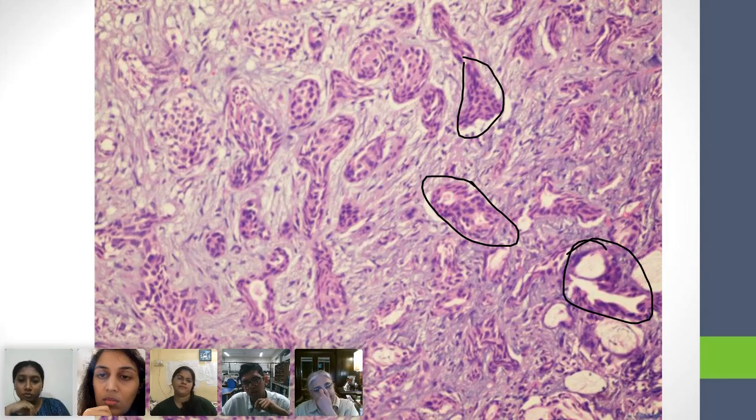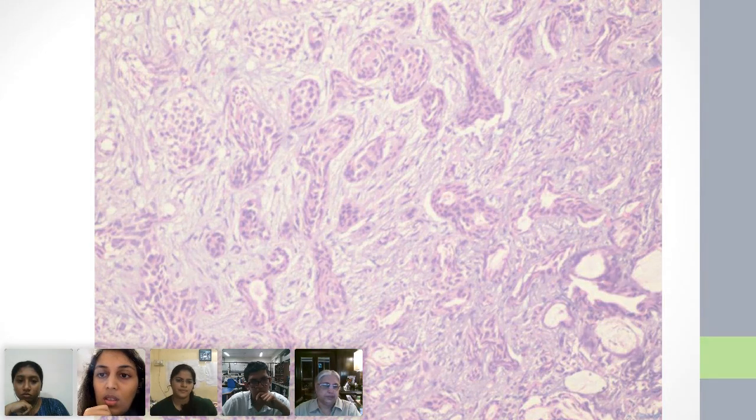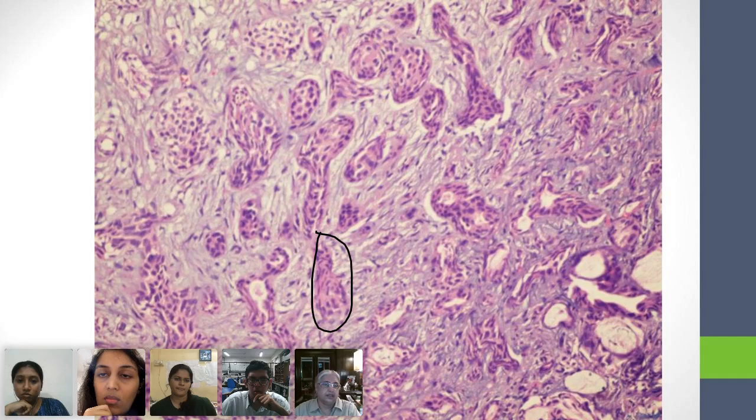It can be a metaplastic change of the ducts. Metaplastic change. Okay. Anybody else would like to say? Why are the cells within these ducts looking so peculiar?